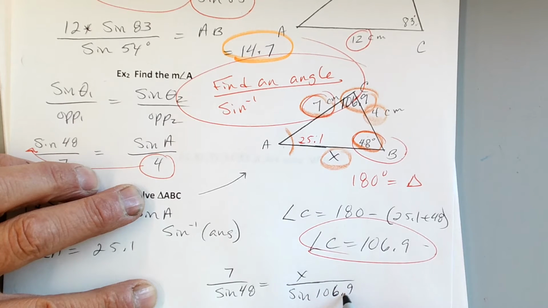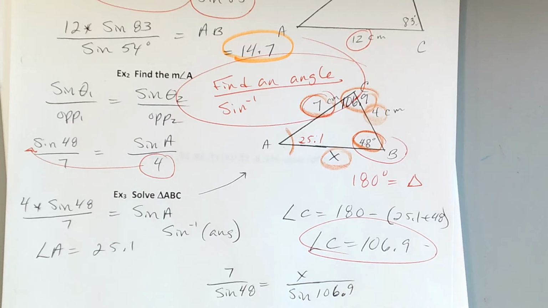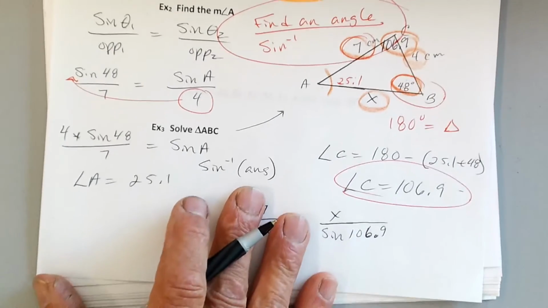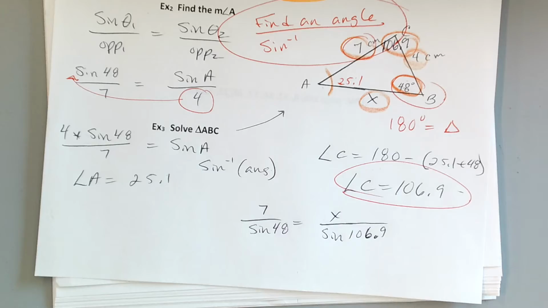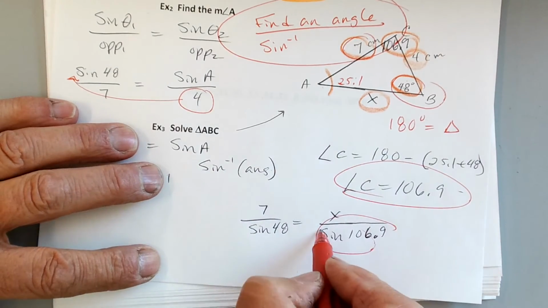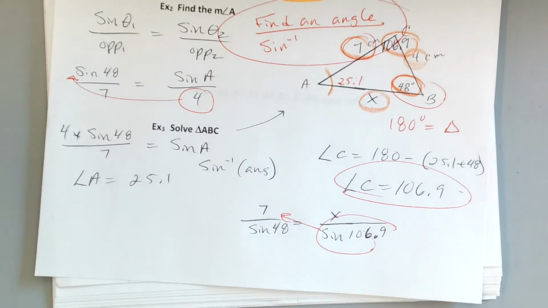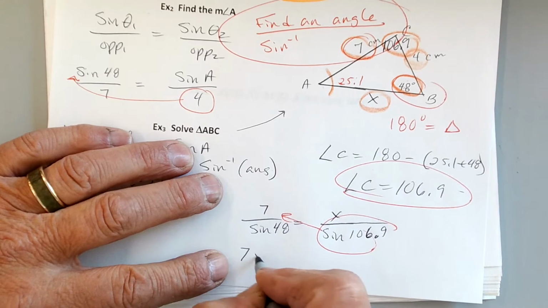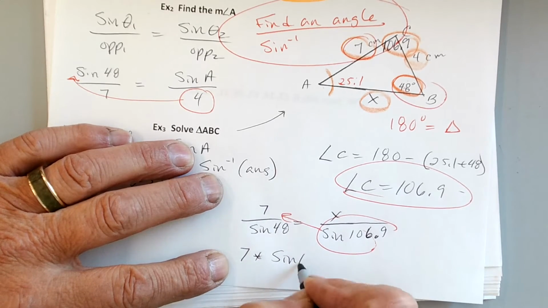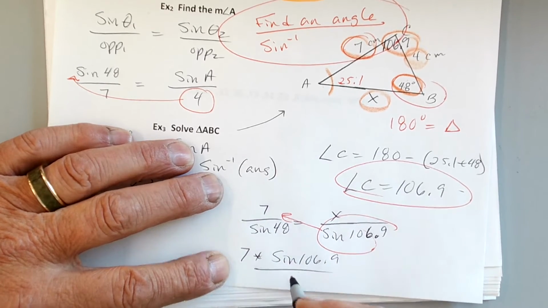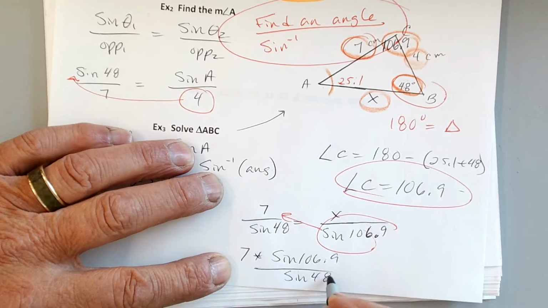I like your enthusiasm, Dallin. Thank you. I do. That was awesome. It shows that you're confident enough to take a chance. I like that. Okay, and then multiply this up, right? We'll have 7 times the sine of 106.9 divided by sine of 48.